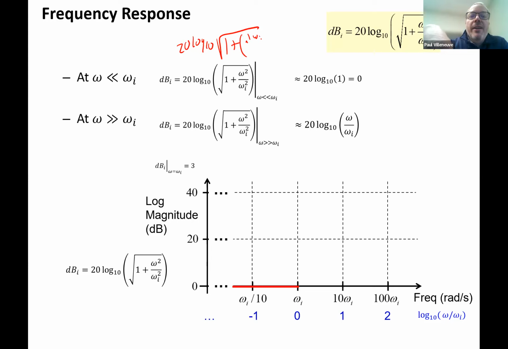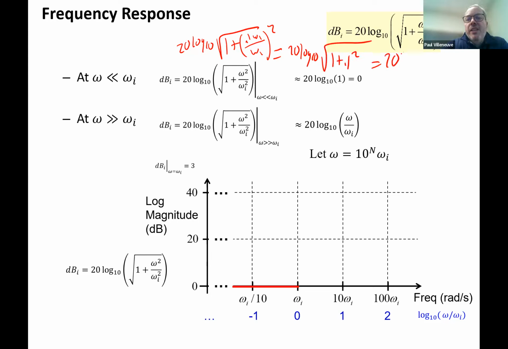So 0.1 times omega I over omega I squared, which is equal to 20 log 10 of 1 plus 0.1 squared, which is 20 log 10 of 1 plus 0.01, right? Could we call that 1? 100th is pretty small, isn't it? So for 1 decade in frequency, which we consider a much lower frequency, we're only 0.01 off.